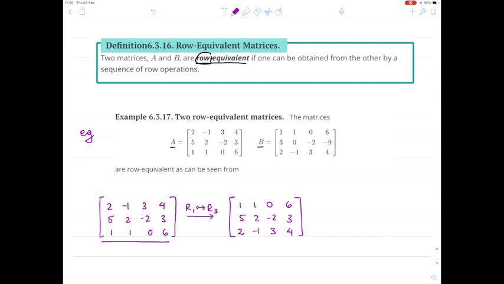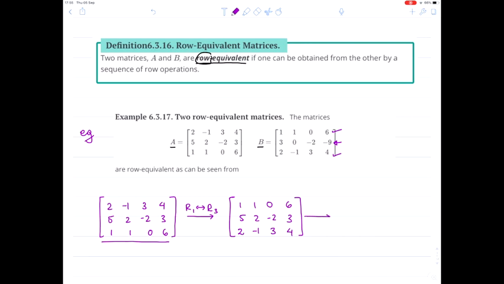So if we have a look at matrix B, we've now got row 3 and row 2, but how did we get row 2? Well, we can get row 2 by subtracting twice row 1.